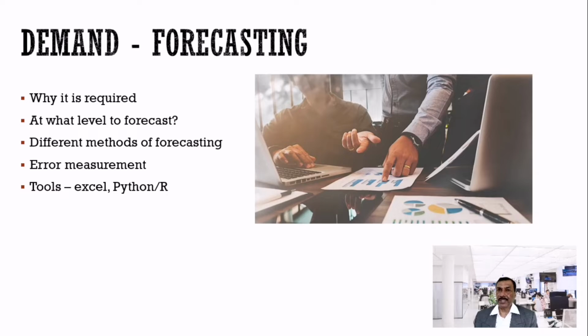There are predominantly two methods of forecasting available. One is called qualitative forecasting, and the other is quantitative. In qualitative forecasting, there are no numbers; it's more of a judgmental forecast, expert opinion. You consult experts and then derive the forecast.